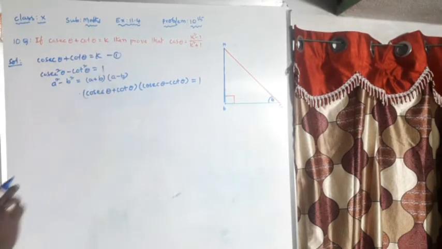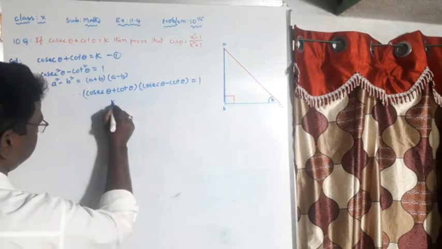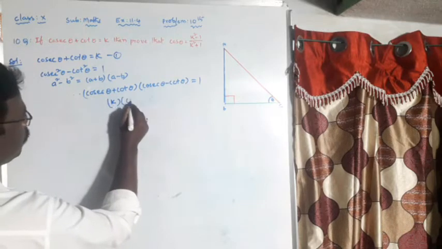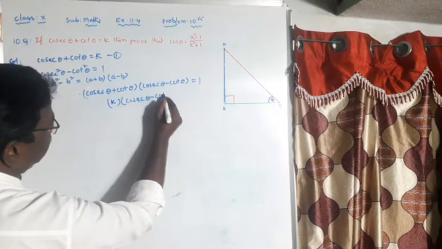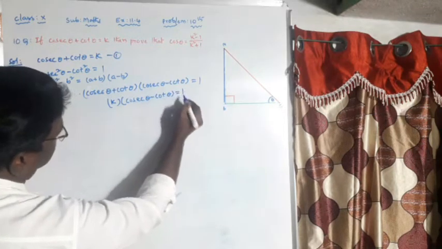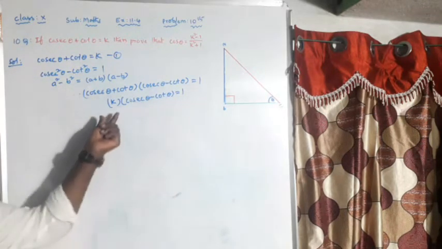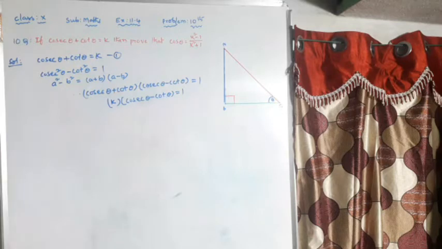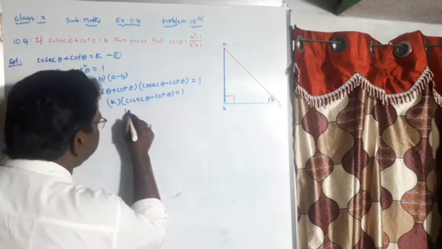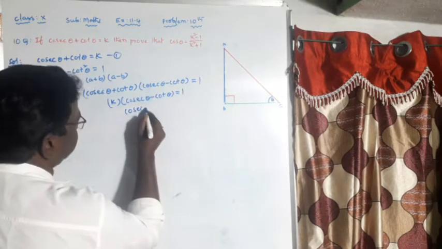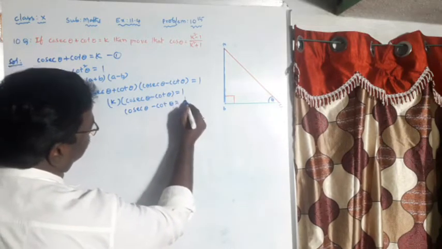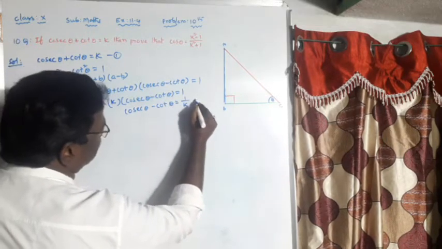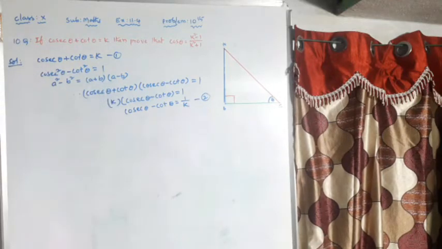You can bring this k here into cosec theta minus cot theta is equal to 1. Transport k that side. Now you have in LHS cosec theta minus cot theta is equal to 1 by k. You can mark this as second equation.